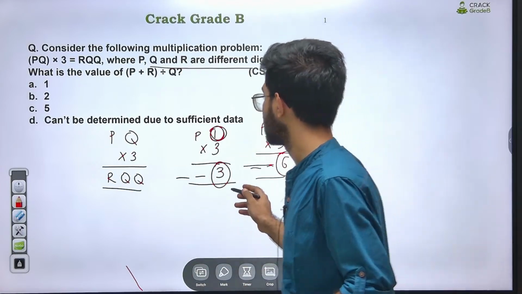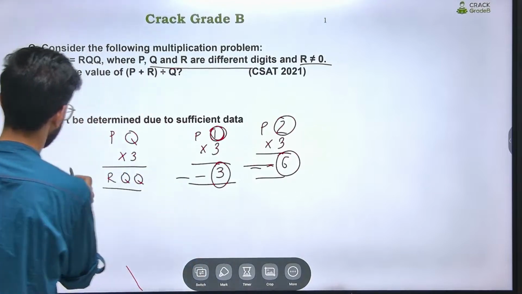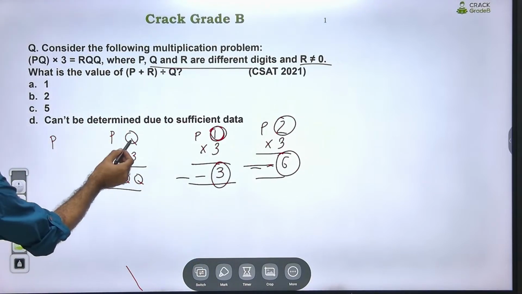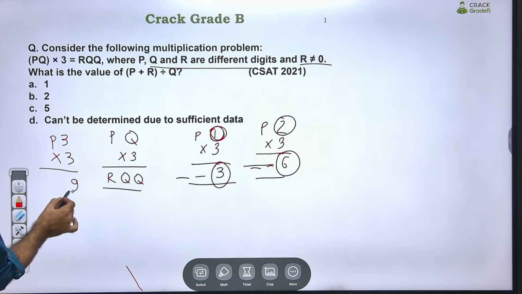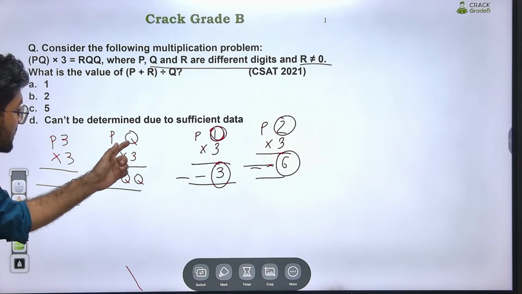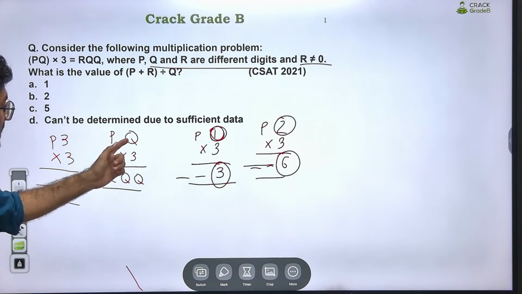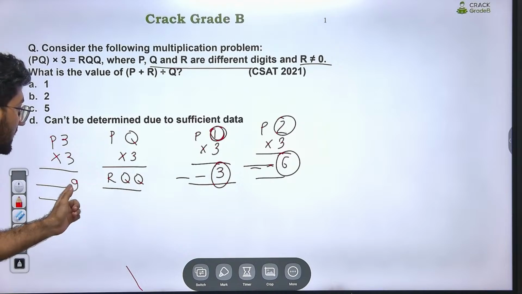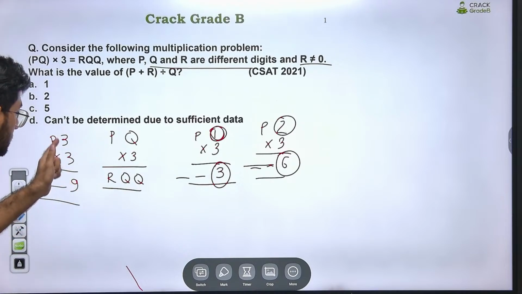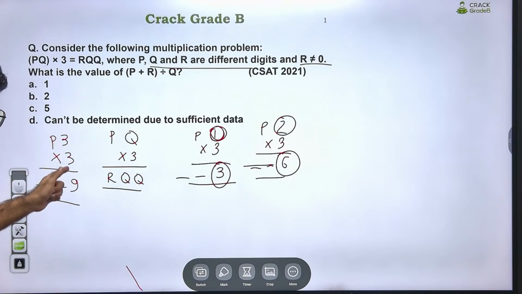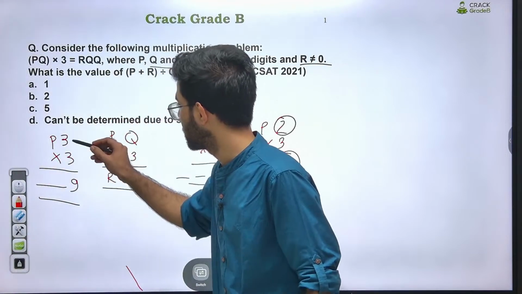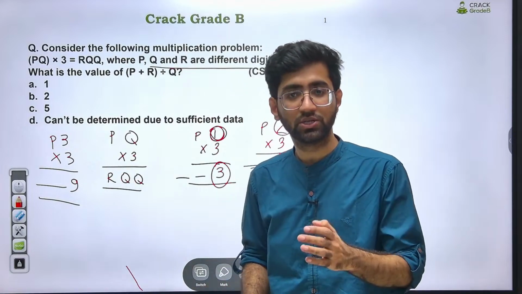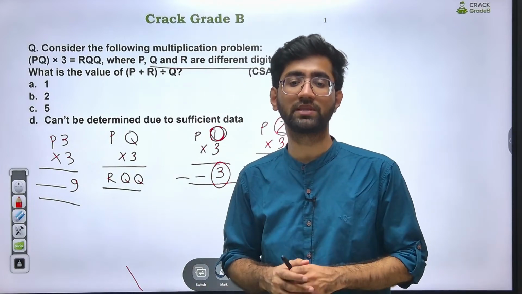Now let us take Q as 3. You will get 9, but the question says Q into 3 equals Q. So the value of Q can't be 3.